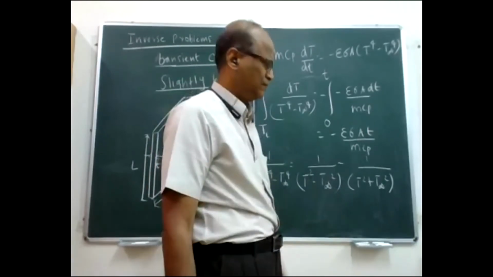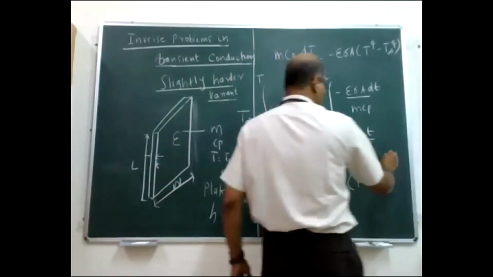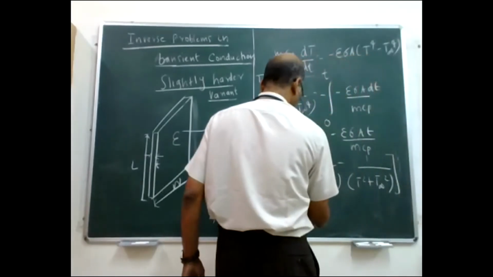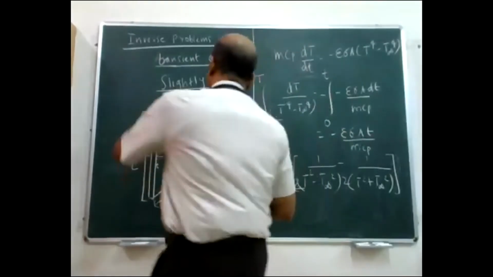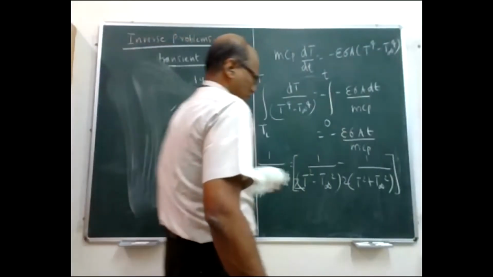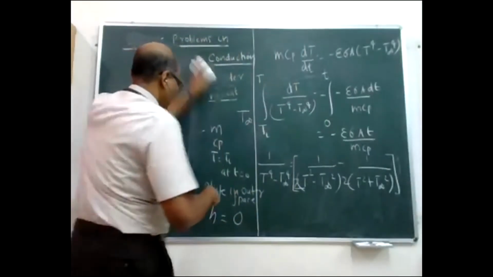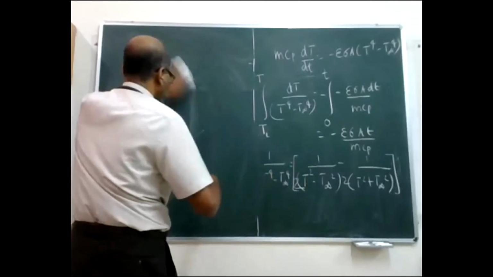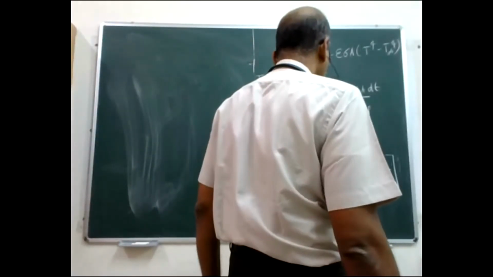What is missing? Half. Sir, 1 by 2 infinity, 2t infinity square. I don't understand.